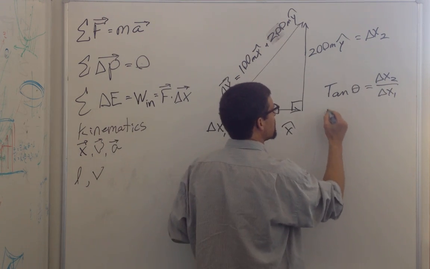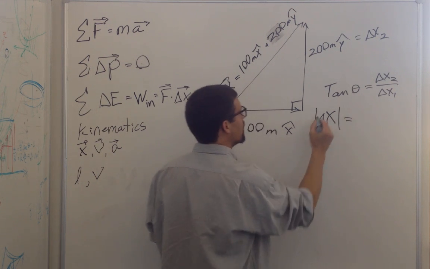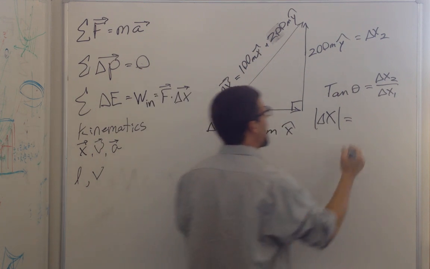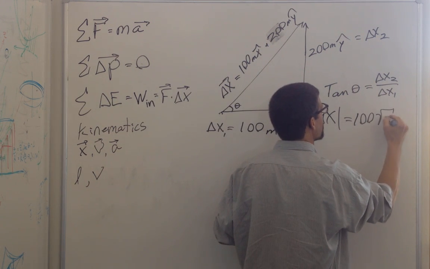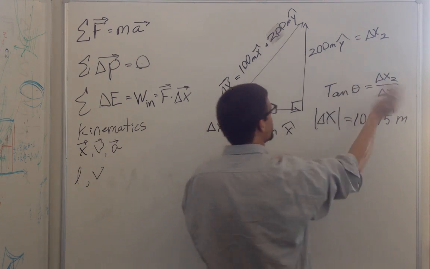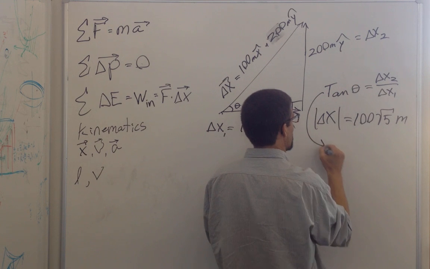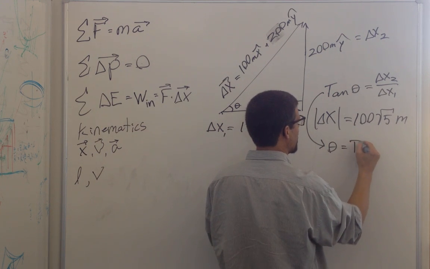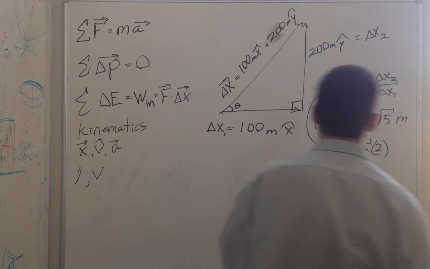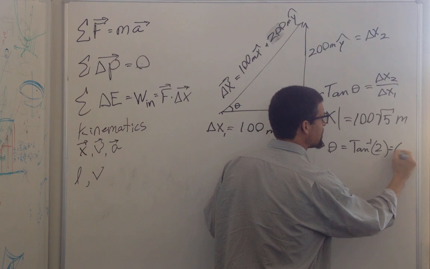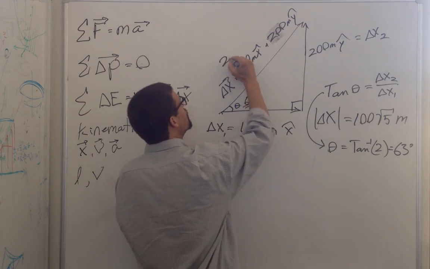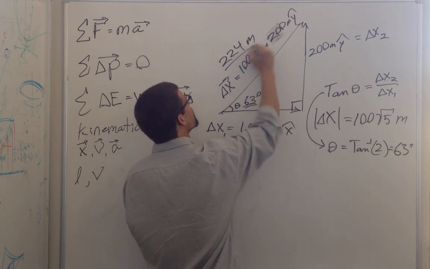So delta x, the magnitude, is going to be 2 squared is 4, plus 1 is 5, so it'll be 100 square root 5 meters in what direction? In this direction. Theta is equal to the tangent inverse of 2. This winds up being about 63 degrees. And this winds up being 224 meters.